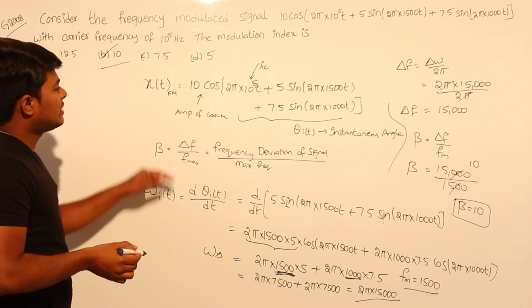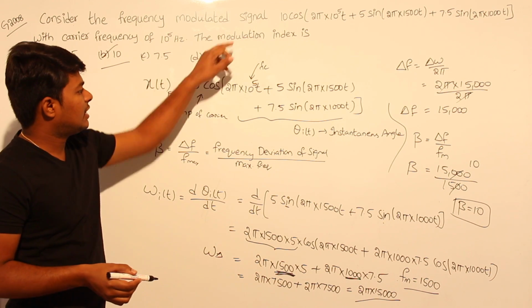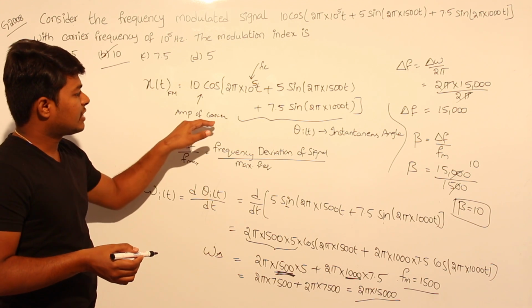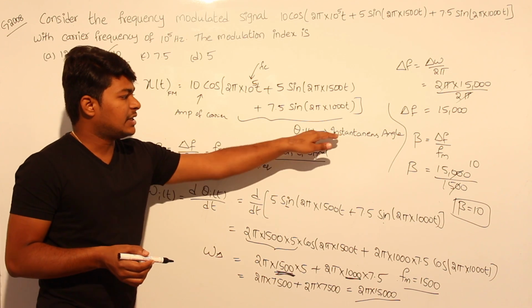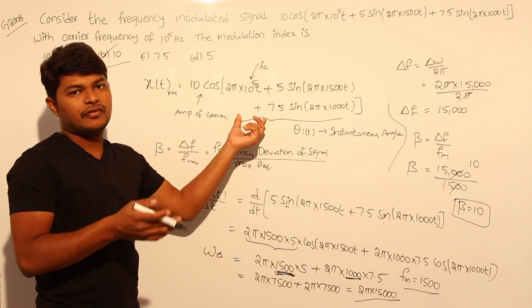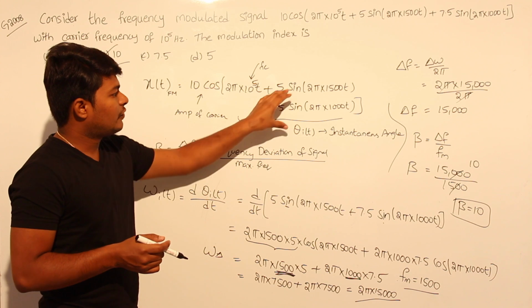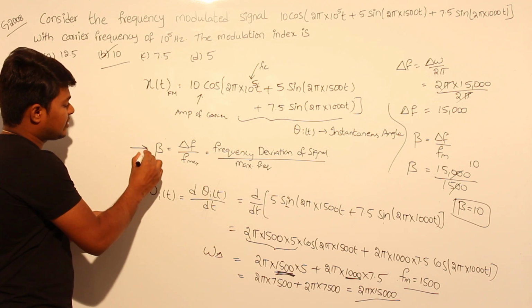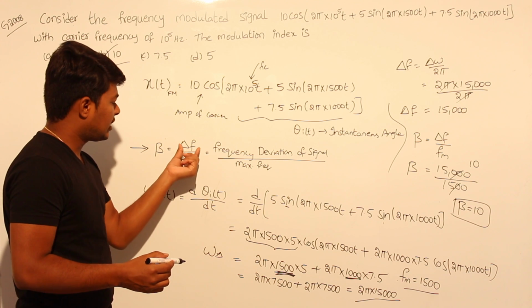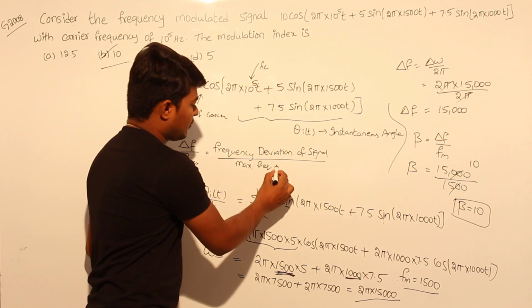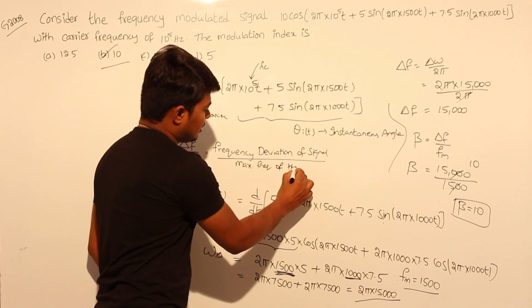How we have calculated is, we have taken the given signal, and we need to differentiate what is the amplitude and what is the instantaneous angle. This we can get from the standard equation of the frequency modulated signal. So we need to find out this theta i, and this modulation index beta can be calculated by delta F by FM, that is the frequency deviation of the signal by maximum frequency of the signal.